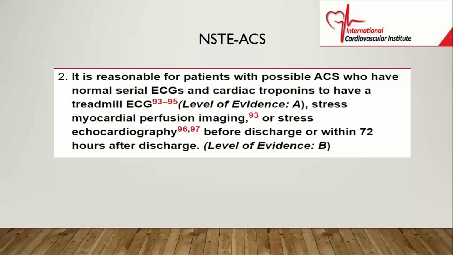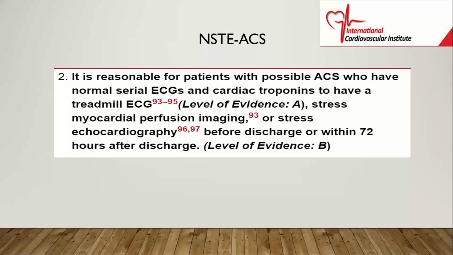Now, if the troponins are negative, so the patient comes in with classic chest pain suggestive of acute coronary syndrome, and the cardiac troponin is negative, and the ECG is not very suggestive, it's reasonable to do a stress test in the hospital.